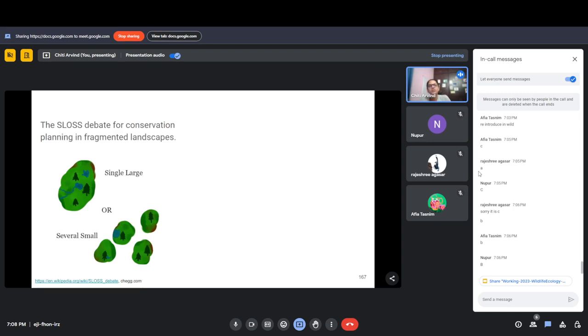Anybody? Have you heard of the SLOSS debate before? Right. So what does this basically elaborate on? What is this talking about, in this single large or several small?